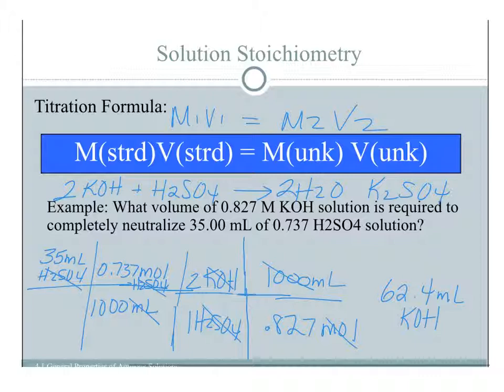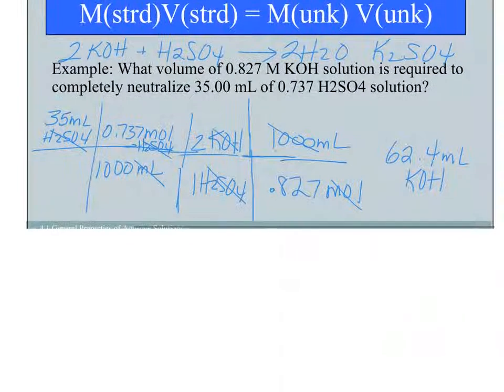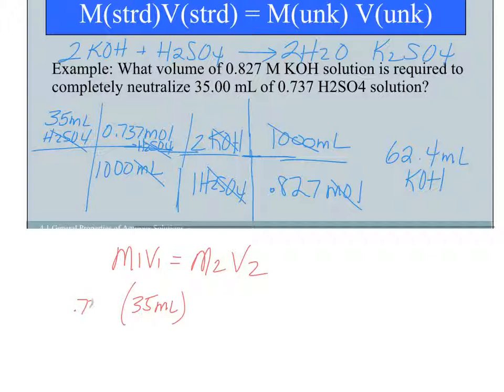Now, some of you might think that that's a pain in the neck, but depending on what you're given in the problem, you may need to use that. Or I can just simply do M1V1 equals M2V2, but there's a snag on this. So let's fill in what we know. We know that we have 35 mils of 0.737 molar. And we know we have 0.827 molar. And we don't know the volume.